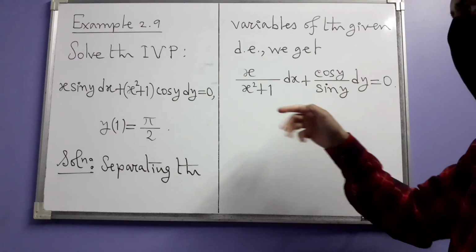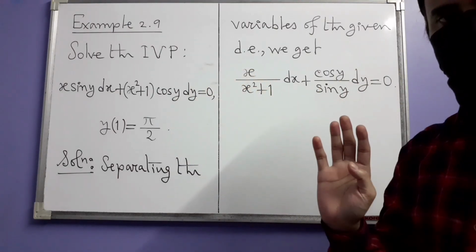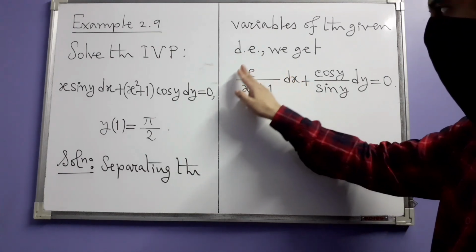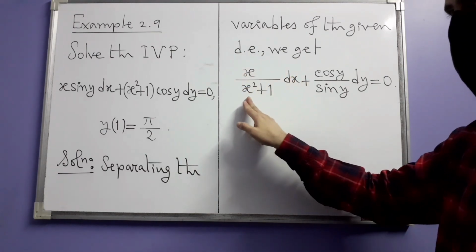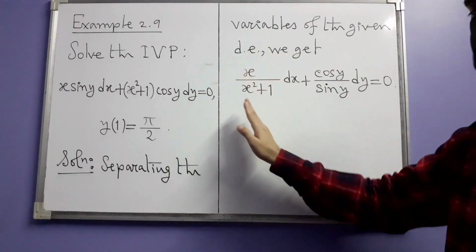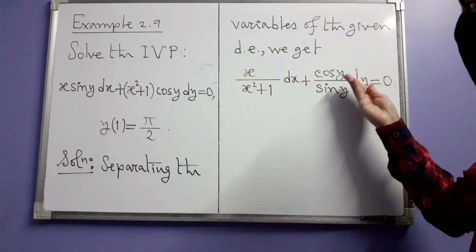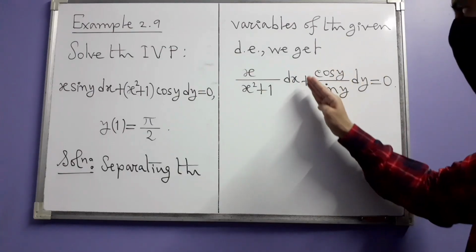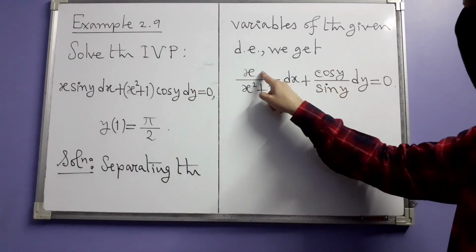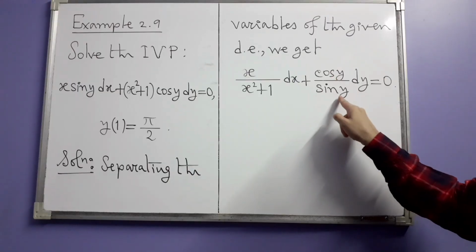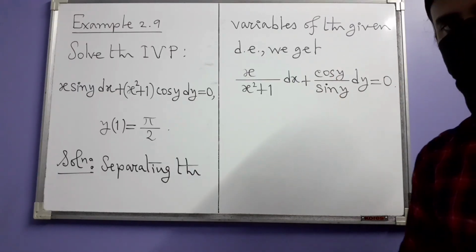And when we do so and go through the necessary cancellations, this is how we get all the terms involving only x grouped together with dx, and all the terms involving only y grouped together with dy: x divided by x square plus 1 dx plus cos y divided by sin y dy equal to 0.